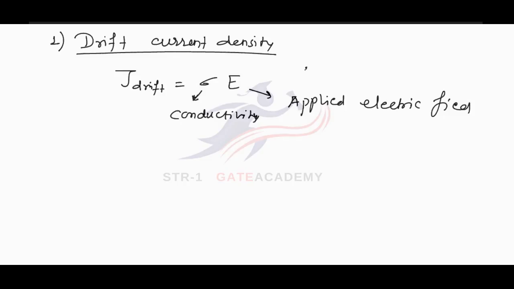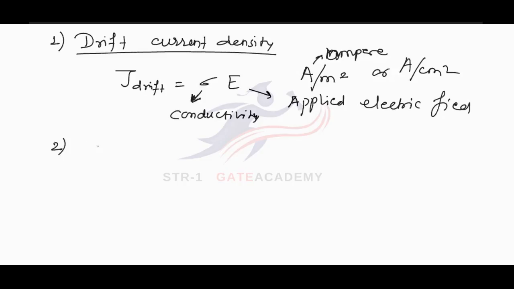The unit of current density is ampere per meter square or amperes per centimeter square. For different types of material, the conductivity equation can be obtained by putting different values of sigma.